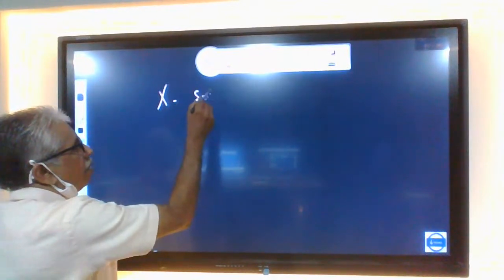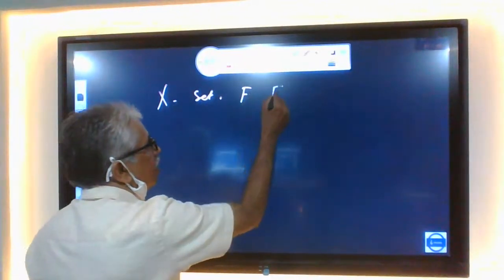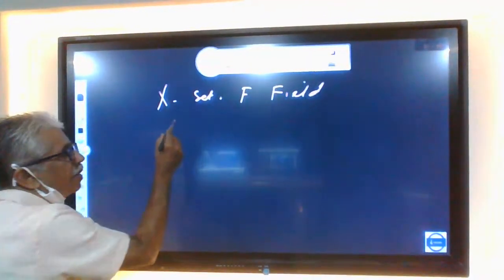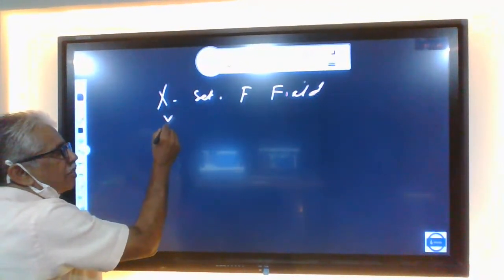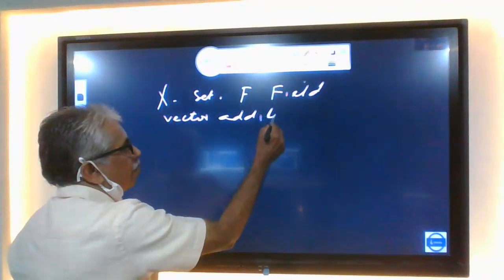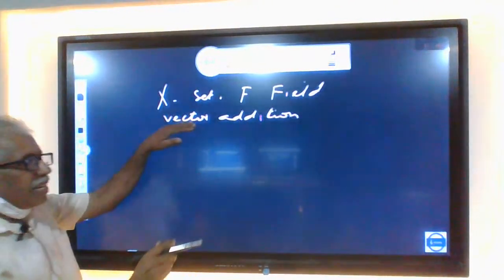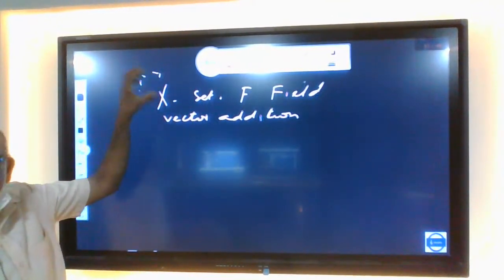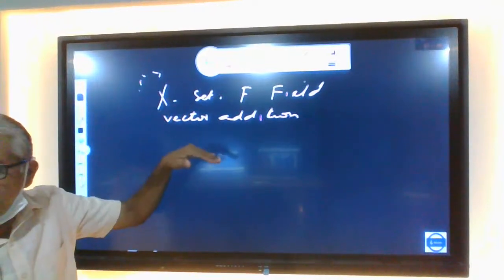X is a non-empty set. F is a field. There is vector addition. I'll say vector addition because later I'll call X a vector space. So points in X are known to be vectors.